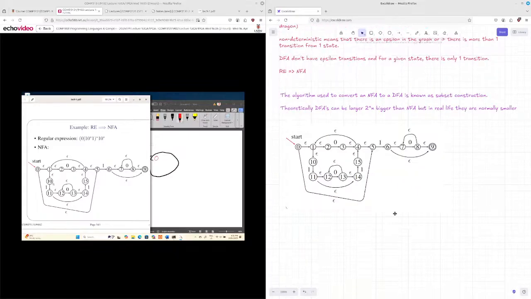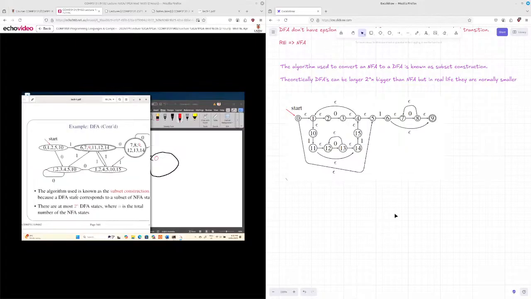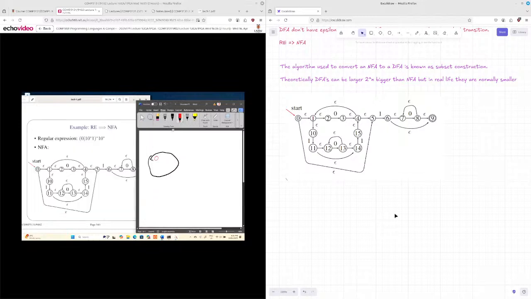And there is also 1 here, because with the next input being 1, you can reach 11. Once you are at 11, you can reach 12, you can reach 14, and all these states. Then the DFA says, look, this will be all the possible states you can be in if the first input you read is 1. And that's it. So the DFA pretty much simulates how the EFA works non-deterministically. But anyway, if I move along, you will understand. So let's go back to this slide.